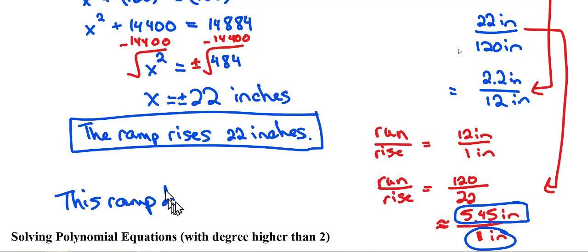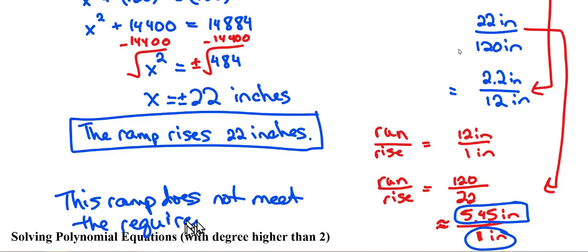This ramp does not meet the requirements. It is only going approximately 5.5 inches horizontally for every 1 inch it goes up. So it is much steeper than it should be to meet the requirements.